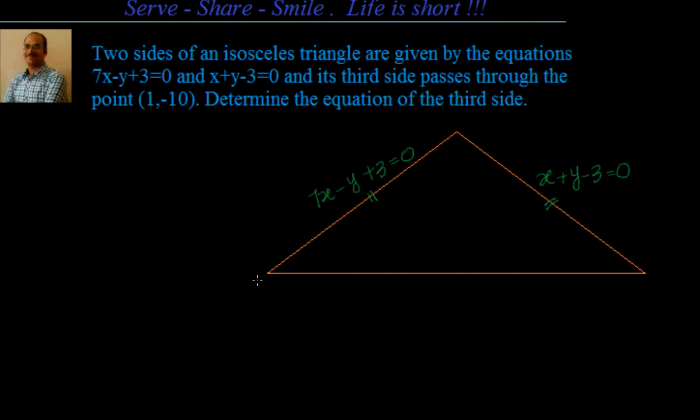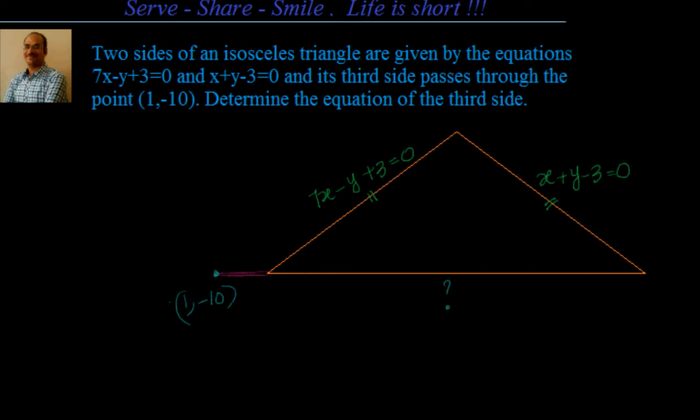The only condition we know is that this is not the actual representation of how the triangle looks in the graph, but we are just trying to plot it for ease of solving. It has to pass through the point minus 1 comma 10. So let me say this is the point which it has to pass through. Now we have to find the equation of the third side.